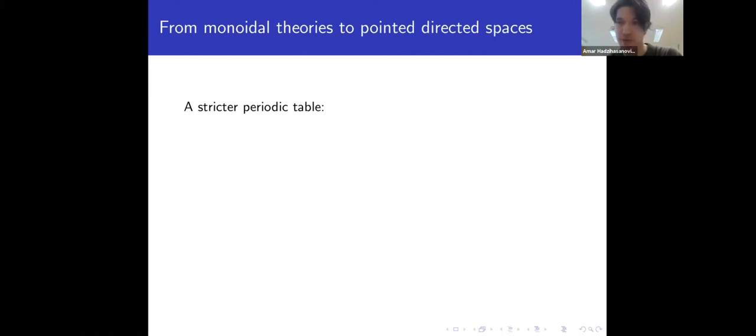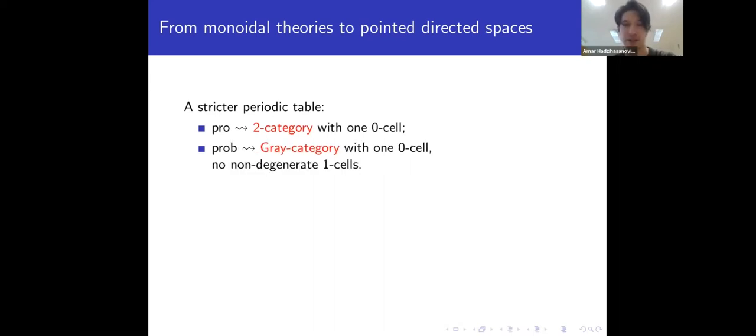So now, because PROs and PROPs are in particular strict monoidal categories, we need to not think about this general periodic table, but we need to think about a strict form of this, where a PRO can be identified with a strict 2-category with a single zero cell.